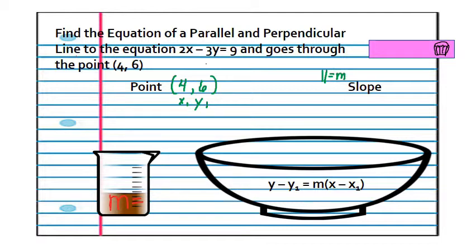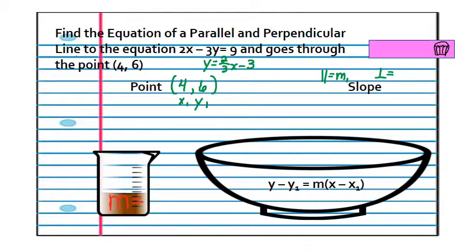remembering that a parallel slope is going to be the same, and a perpendicular slope is going to be an opposite reciprocal. We're going to have to solve the equation first by getting the y all by itself, and in doing so, we're going to find that the equation is y equals 2 over 3x minus 3.